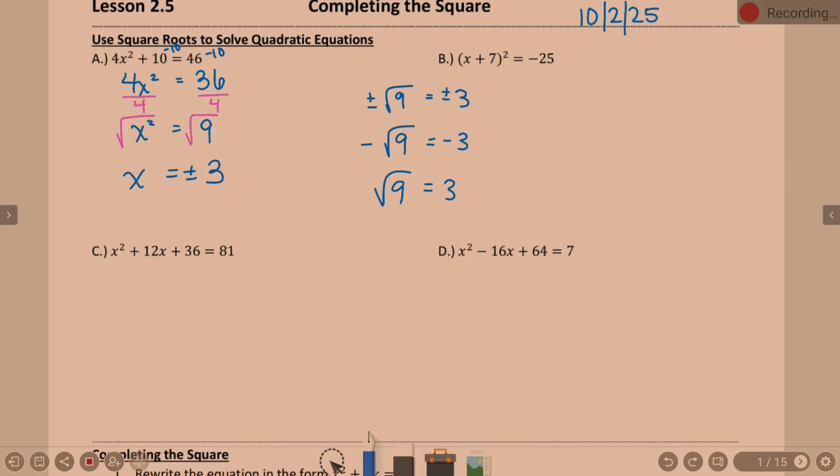Now, they didn't give us the square root sign, did they? We put that in, and when you put that in, you have to remember we have to consider positive and negative. Could positive 3 and negative 3 work in this equation? Yeah, it could. So you need two solutions.